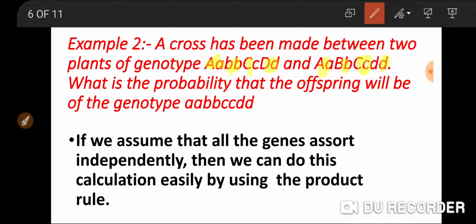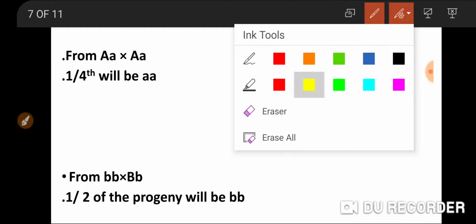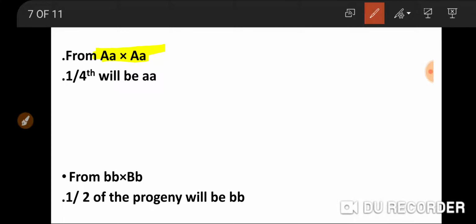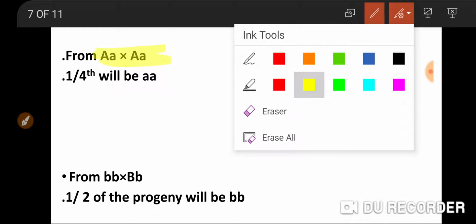So let's consider the first gene pair, capital A small a crossed with capital A small a, and here we have to draw the Punnett square to know the outcome of this cross.